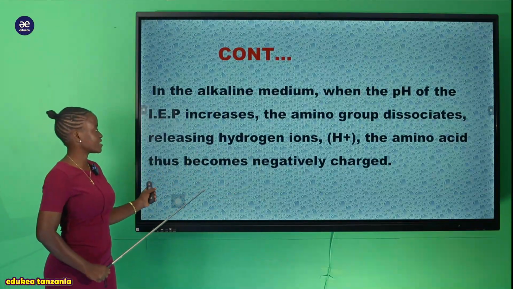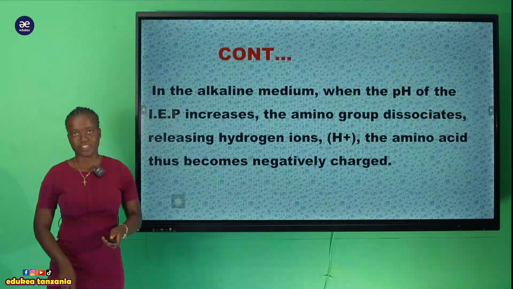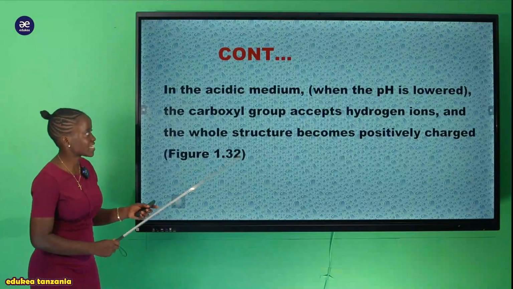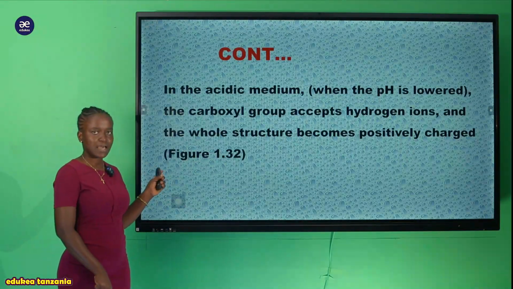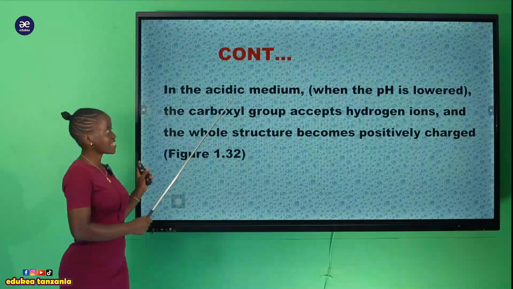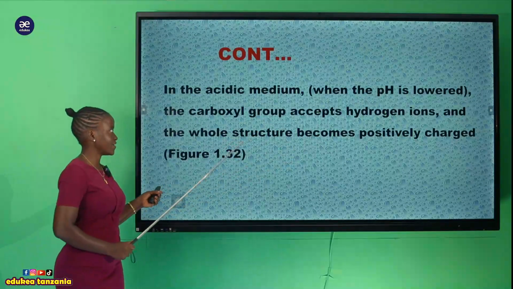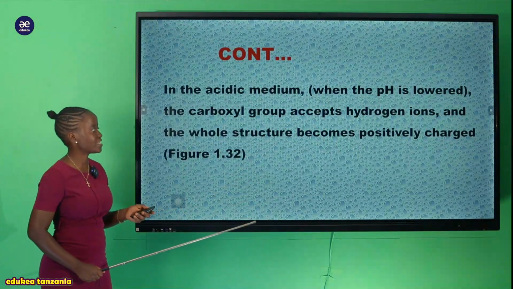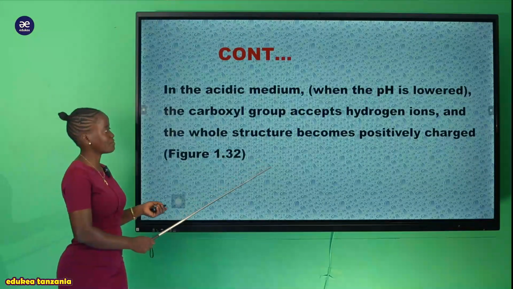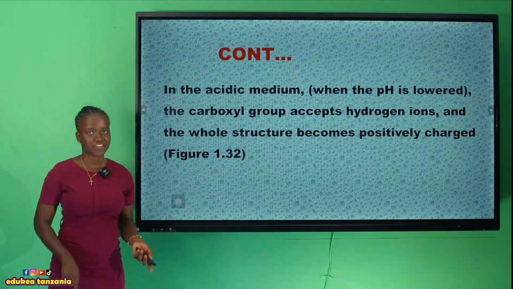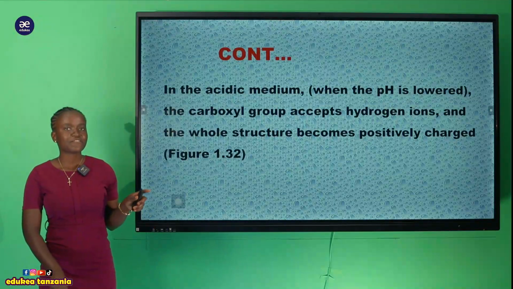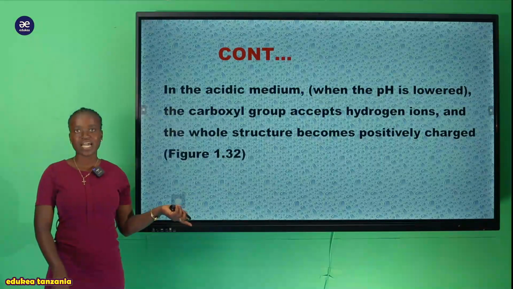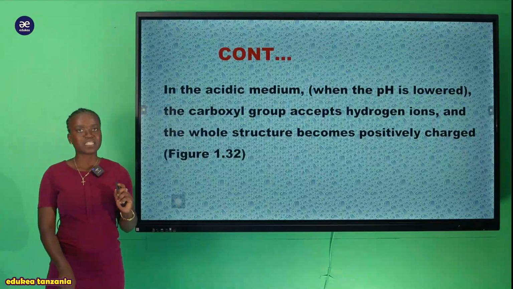So the amino acid becomes more negatively charged. In acidic media, when the pH is lowered, the carboxyl group tends to accept hydrogen ions and the whole structure becomes positively charged. Inakuwa ni vice versa kwenye acidic medium na basic medium ya zwitterion.